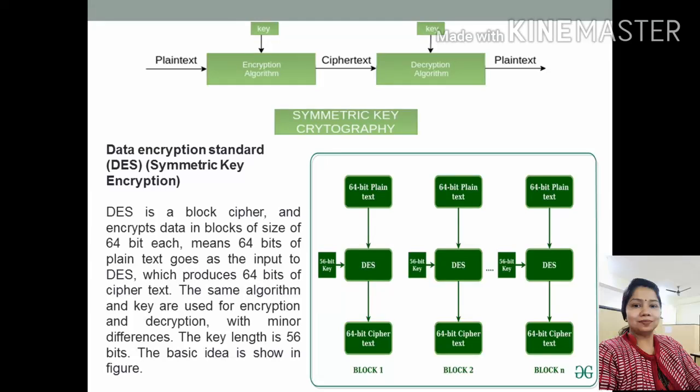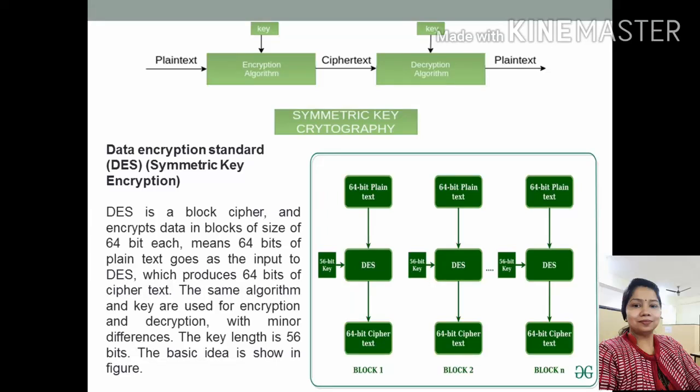Then there is one method of symmetric key encryption, that is DES. This is a most important method, that is Data Encryption Standard, which uses a block cipher, that I have already told. What is a block cipher? That is a set of bits which are taken at a time for the purpose of encryption.